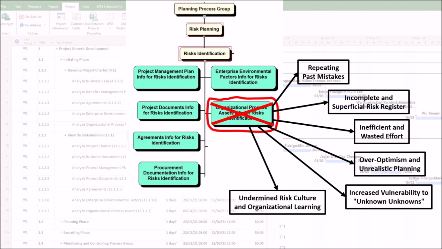It discourages people from documenting lessons learned because they see that no one uses them, perpetuating a cycle of poor risk management. For example, a project manager who meticulously documented lessons from a difficult project sees a new team make the same mistakes. They become demotivated and stop contributing to the knowledge base, eroding the asset for everyone.